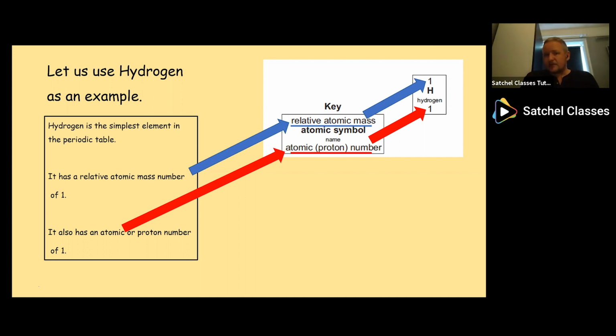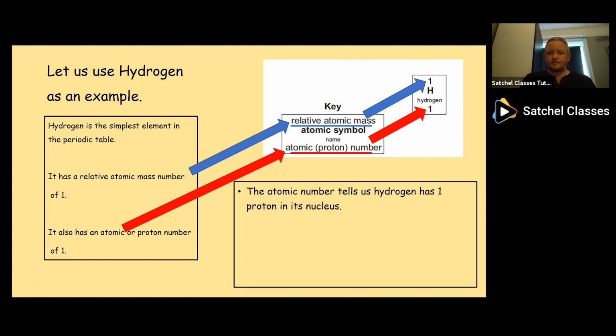So in this hydrogen atom, I have one thing in the nucleus, and that one thing is a proton. The atomic number tells us hydrogen has 1 proton in its nucleus. The mass tells us that there's only that proton. There are no neutrons because a proton has a mass of 1.